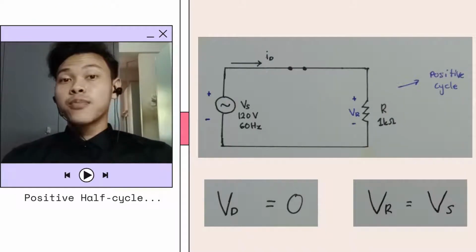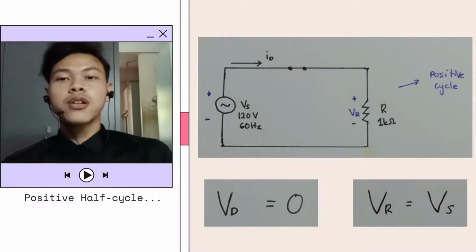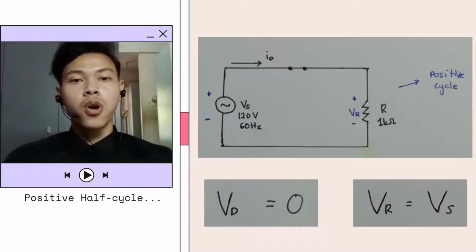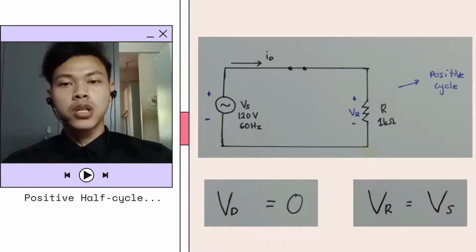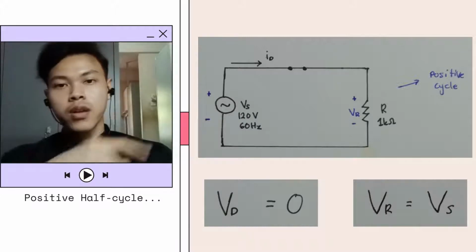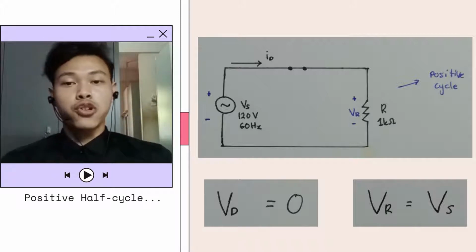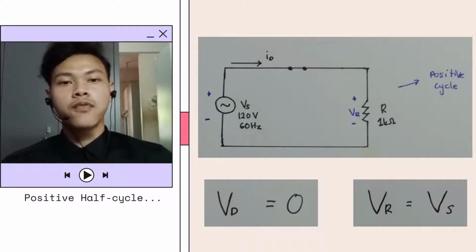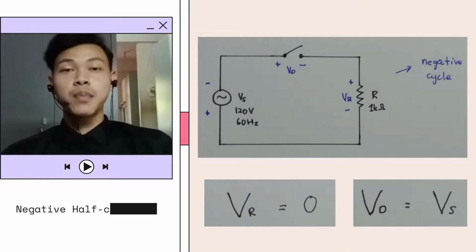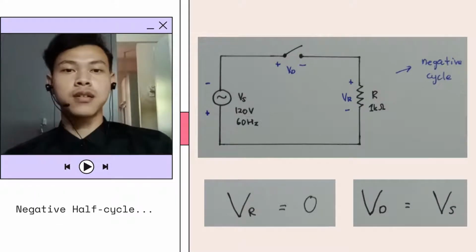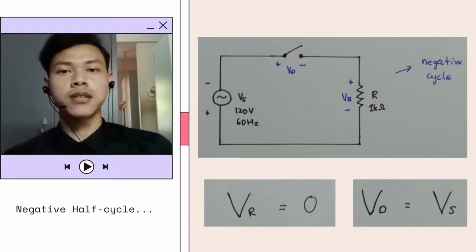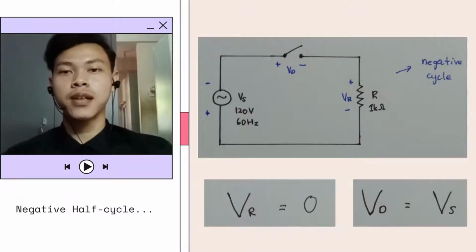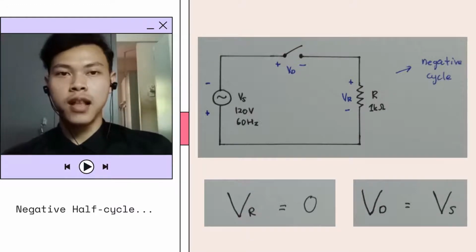During the positive half cycle, the diode is forward biased, and therefore we can replace it by a closed switch like here. Because it looks like a short circuit, the voltage across the diode is 0. Therefore, the voltage across the resistor is the same as the voltage source. Meanwhile, for the negative half cycle, the diode is reverse biased, and therefore we can replace it by an open switch like here.